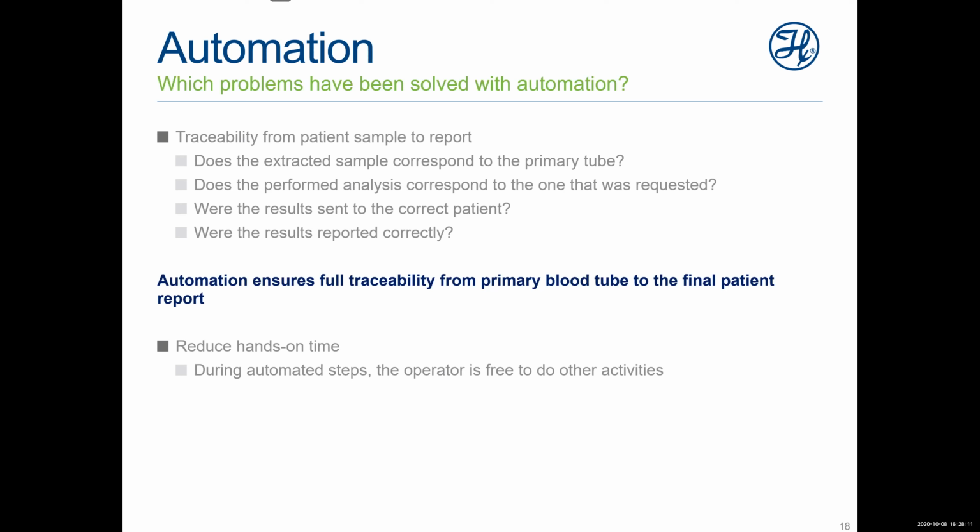Then, does the performed analysis correspond to the one that was requested? This is one of the most important aspects. When the preparation is done by hand by the operator, it's easy to put a sample in the wrong list and do one analysis when another was requested. With the automation and the integration of the system, this is no longer possible, because we have a middleware in the middle that can do the barcode check and check what tests are requested inside the list.